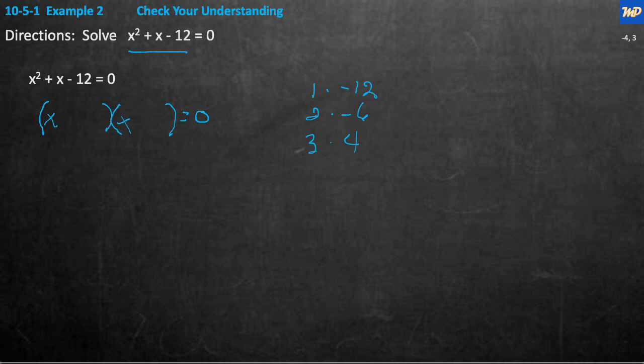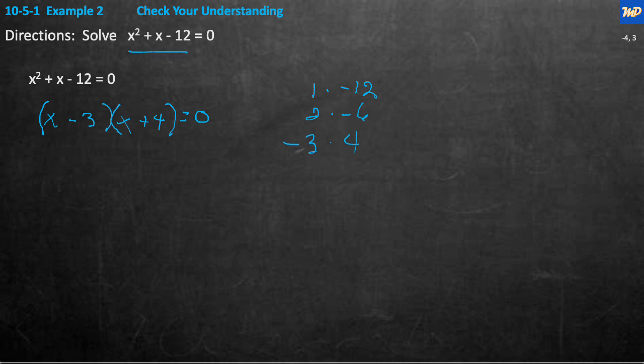So if that's the case, the 4 is going to be positive and the 3 is going to be the negative term. Given that, I'm going to write in negative 3 and plus 4. Now when we multiply negative 3 and 4 together, we get negative 12, and when we add 4 plus negative 3, we get 1.